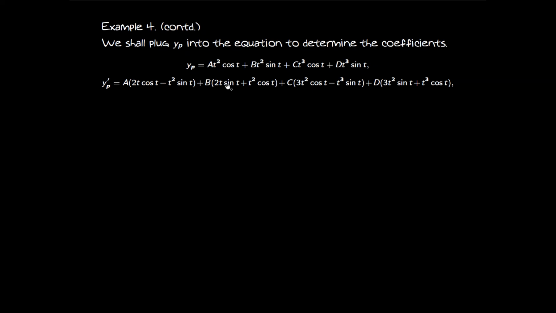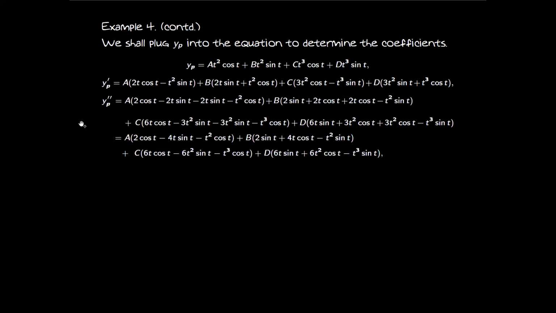For the second one, you do the same thing: derivative of the first factor times the second, plus the first factor times the derivative of the second factor. And then you do the product rule again for every term.